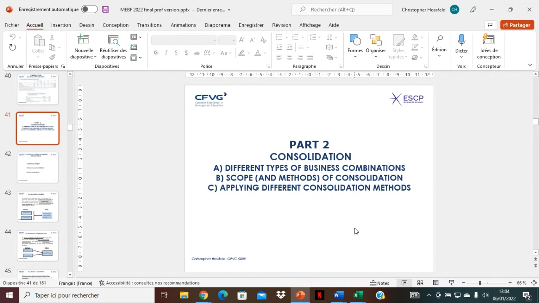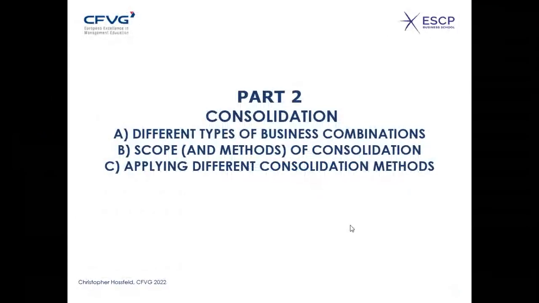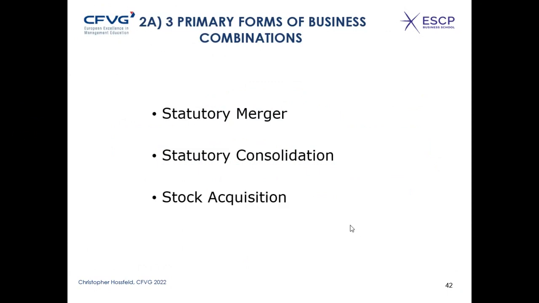Now today we start the second part, which talks about consolidation and business combinations in general. So first of all, what are business combinations? Well, that means that two or more companies collaborate in a certain way, work together.